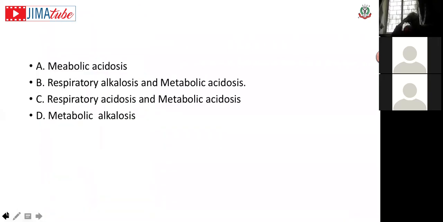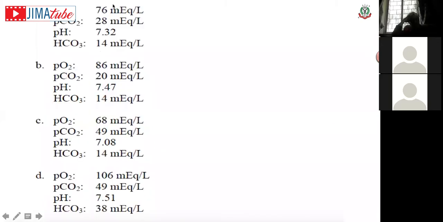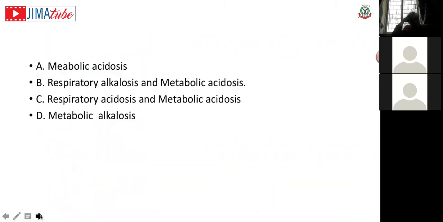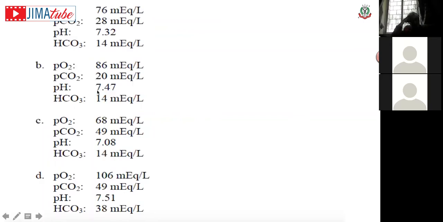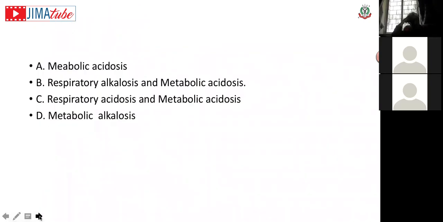So 28, well, plus or minus, this can be a pure metabolic acidosis. pH 7.47, PCO2 20. So this is respiratory alkalosis. Now bicarb is 14. So this is respiratory alkalosis with metabolic acidosis. If you calculate, you will find that in acute respiratory alkalosis, the bicarb should not have gone down so low. So this is another way to look quickly at these things.